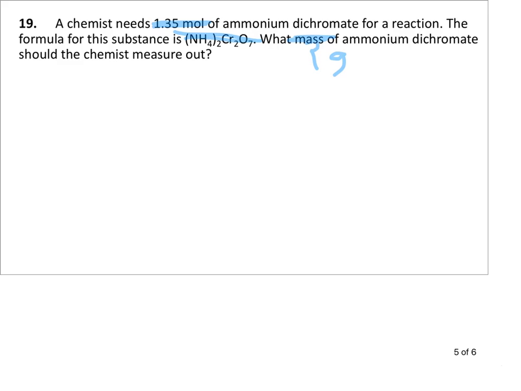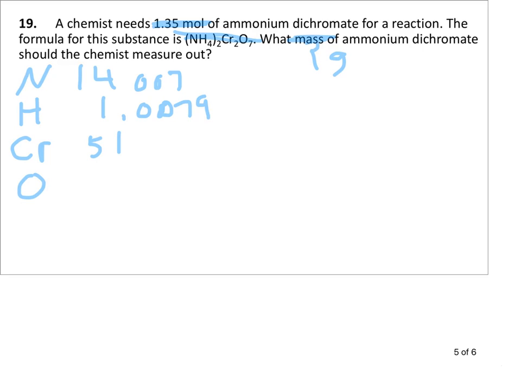So we've got some nitrogen, hydrogen, finding its molar mass, some chromium, and some oxygen. Nitrogen from the periodic table, we find 14.007. Hydrogen 1.0079. Chromium 51.996.